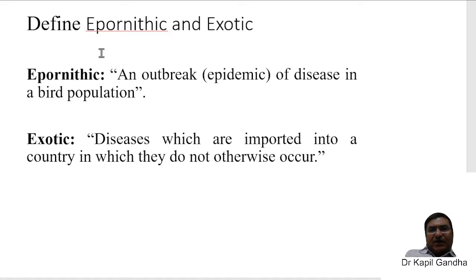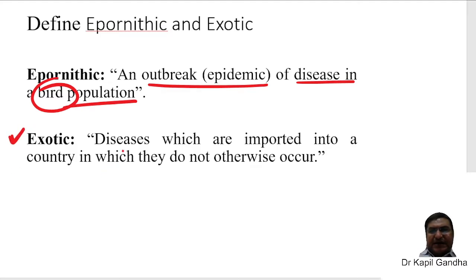What about epornithic and exotic? These are two important infectious disease concepts that we need to remember. Epornithic means an outbreak or epidemic of disease in bird population. What about exotic?